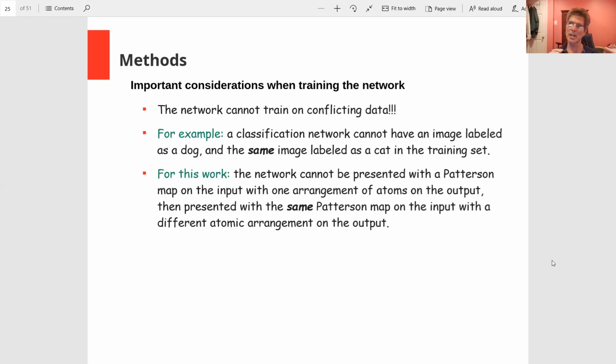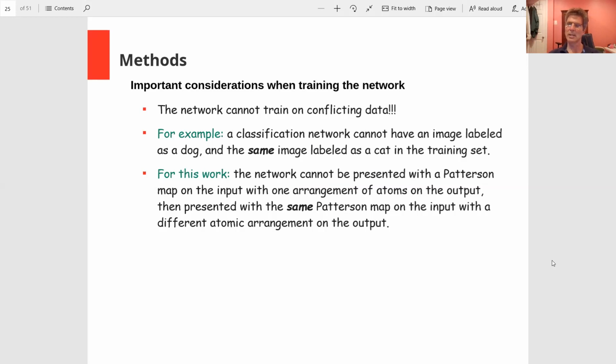In a very comparable way, you can't train on conflicting data for the phase problem either. You can't present the network on the input with a Patterson map and say, okay, this is the atom configuration that is paired with that on the output, and then give it the exact same Patterson map on the input and say, actually, that Patterson map represents this arrangement of atoms as well.